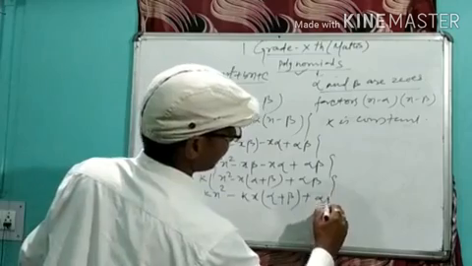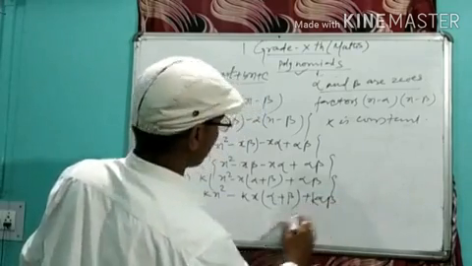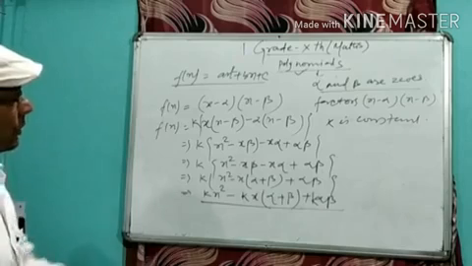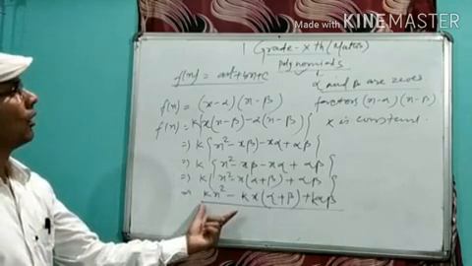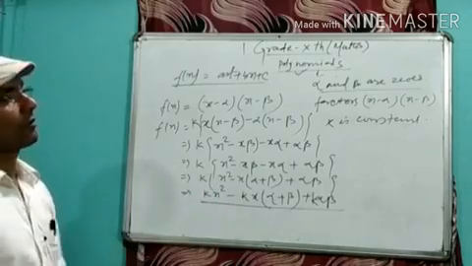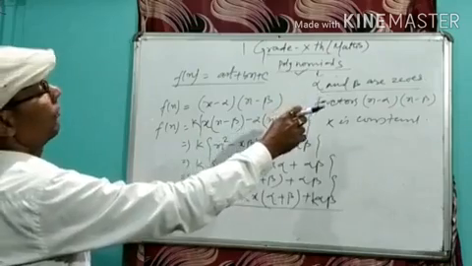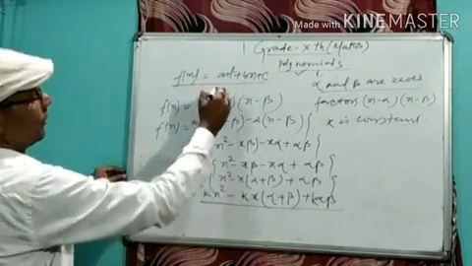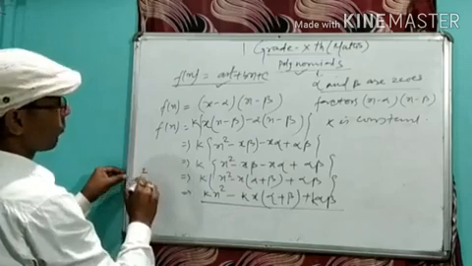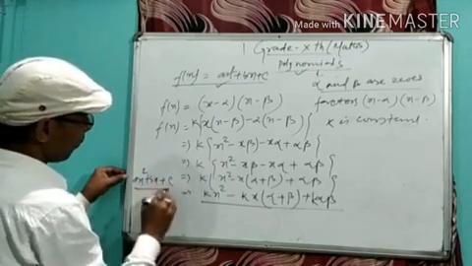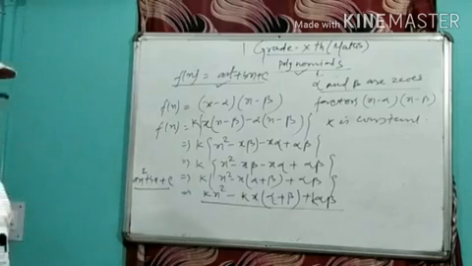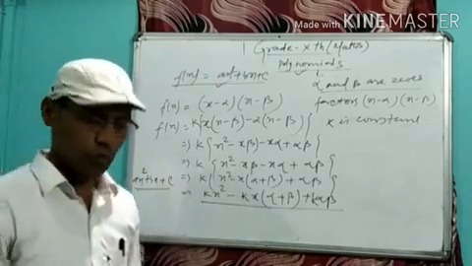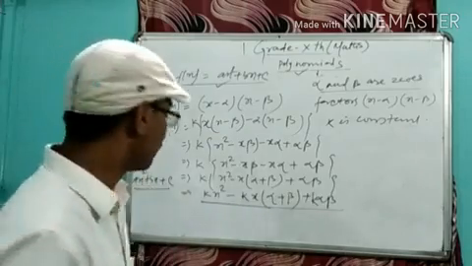You are looking at what comes after the multiplication of the factors of the quadratic polynomial. Now here this is ax square plus bx plus c. Now I am going to establish the relation between the coefficients and zeros.